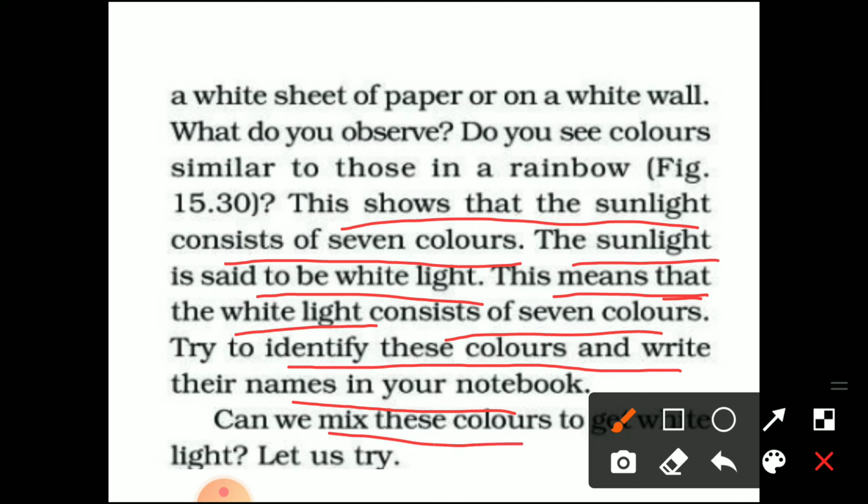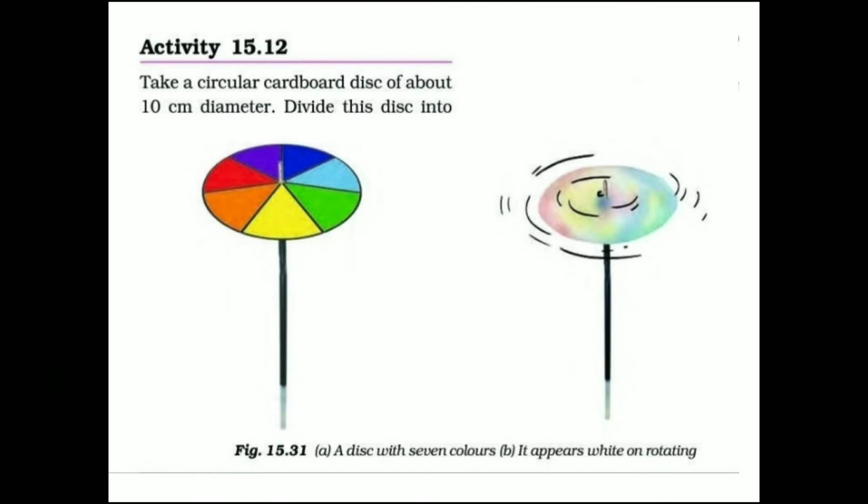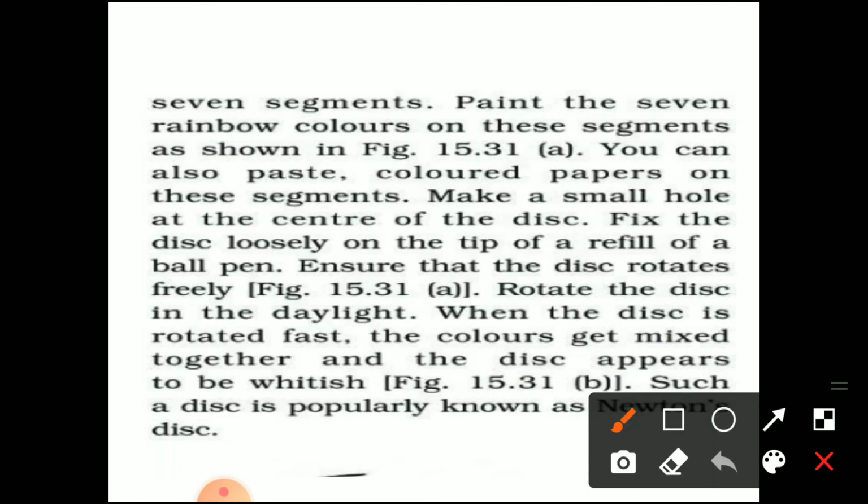Now can we mix these colors to get white light? Let us try through activity 15.12. Very interesting activity. You have to take a circular cardboard disc of about 10 centimeter diameter. You can see here we have taken a circular cardboard disc of about 10 centimeter in diameter. Now divide this disc into 7 segments.